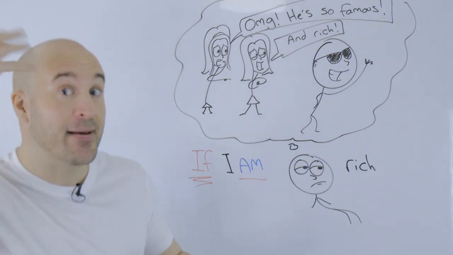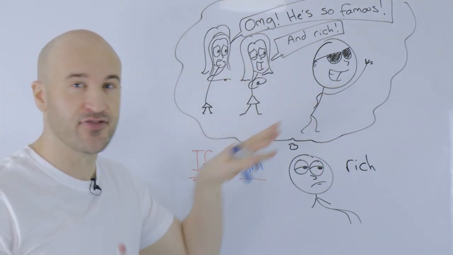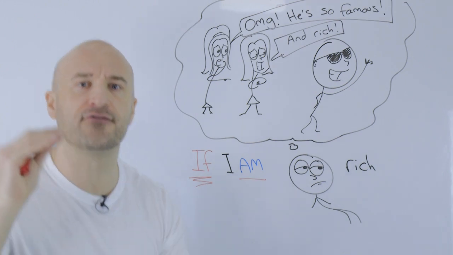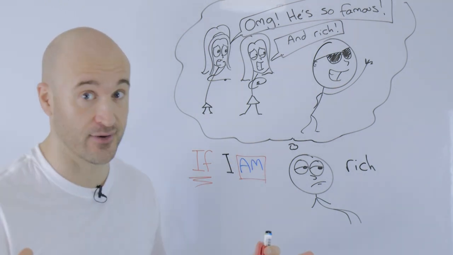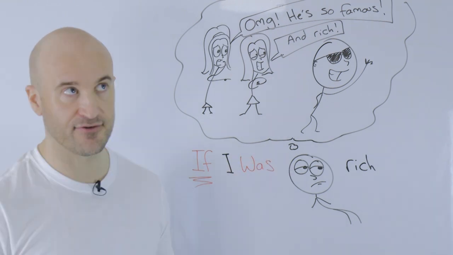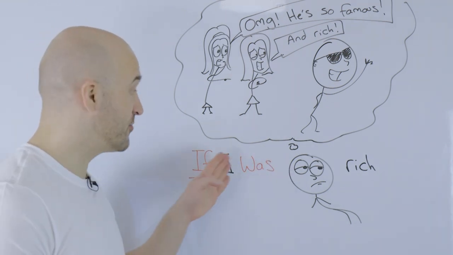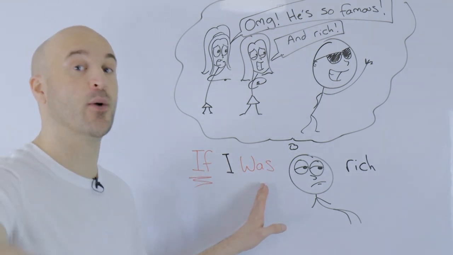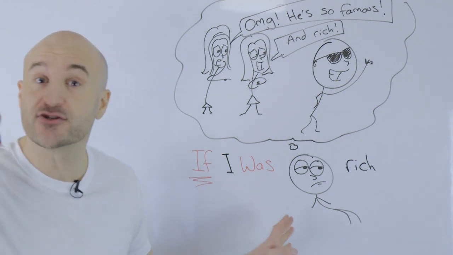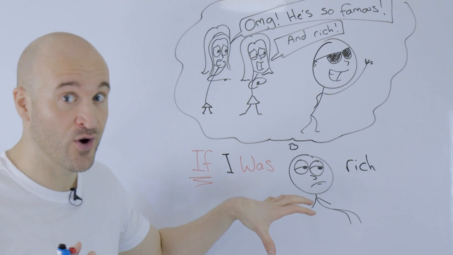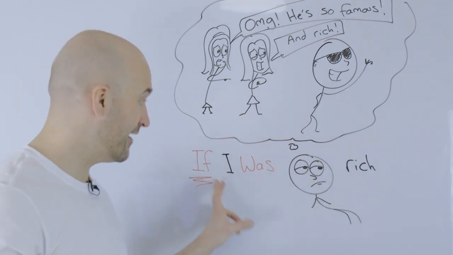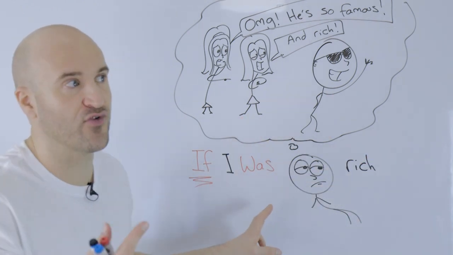So when we imagine a situation that's now or in the future, we don't use a now verb. No. If I was rich, we change the present if I am to a past. Why? Because we imagine this situation and this is now or in the future. If with a past.